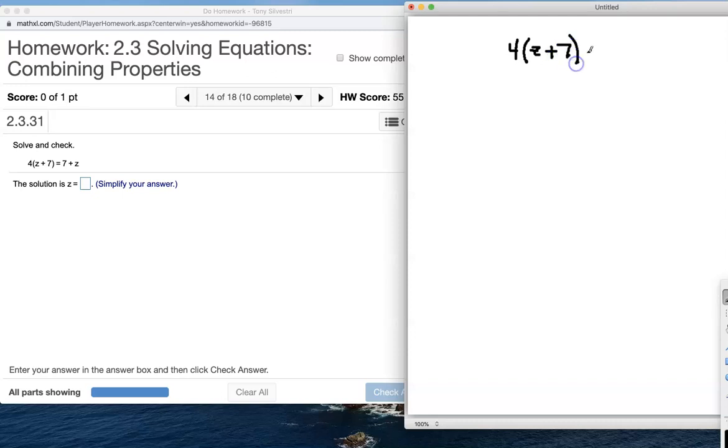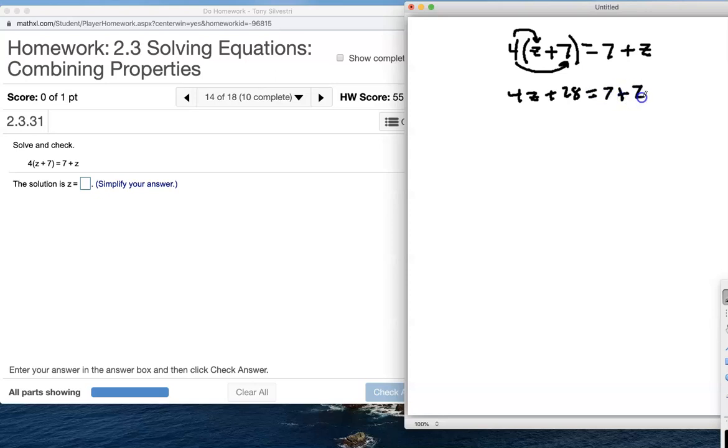And I could safely say that when you have problems with parentheses, the parentheses have got to go. That's the first thing I would do. You've got to get rid of them. And it's not hard to do. What you'll do is you just multiply through those parentheses like so to liberate these terms. So 4z plus 28. At least I got rid of the parentheses.